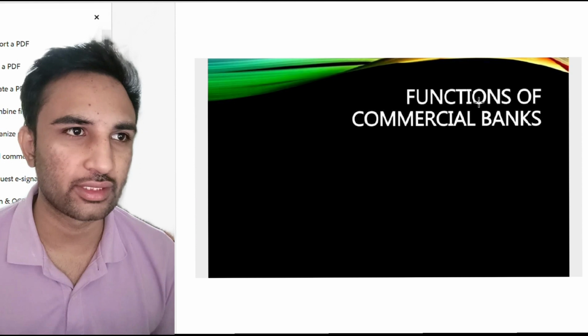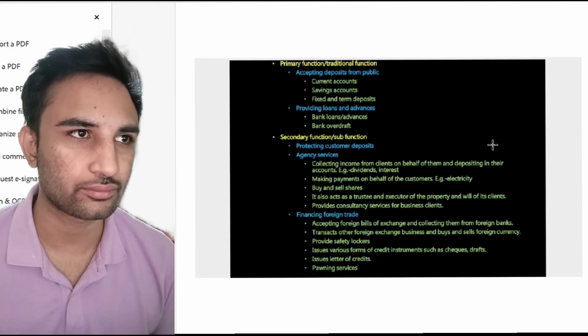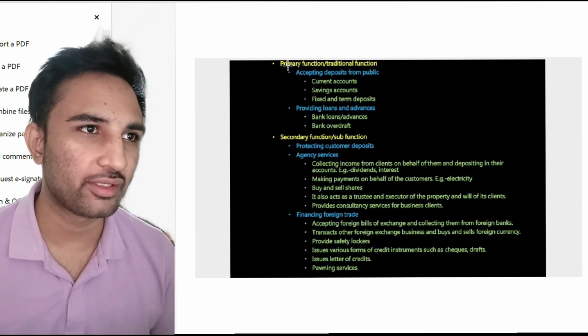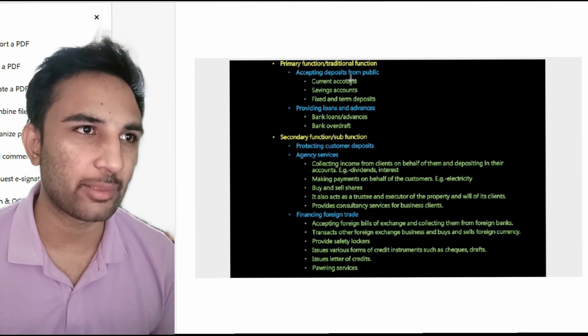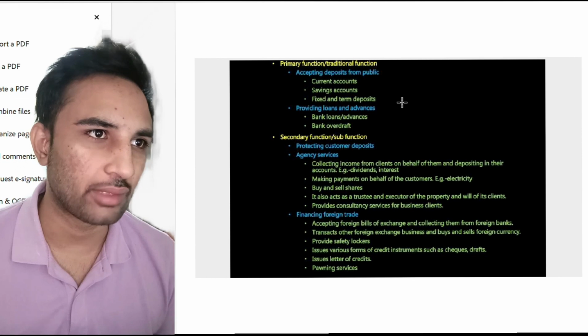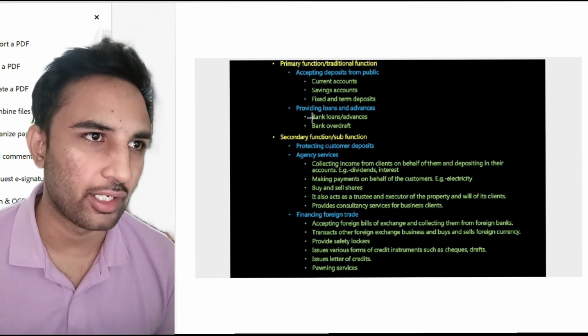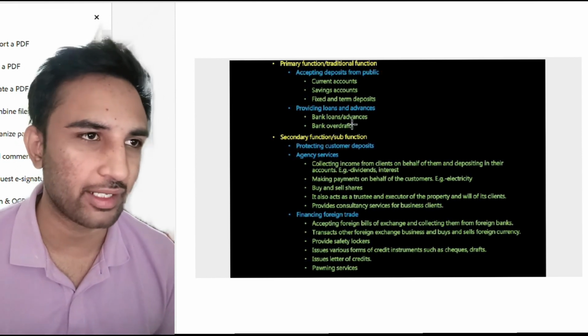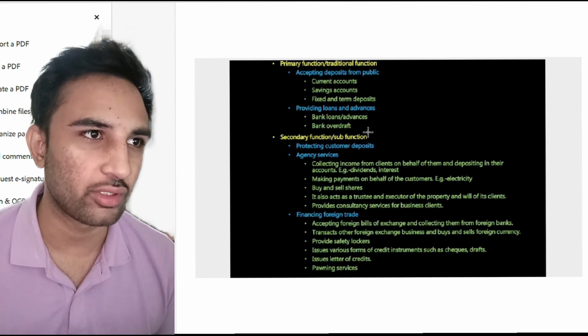So what are the functions of commercial banks? Primary function, or traditional function: accepting deposits from the public, current account, savings account, fixed and term deposit; providing loans and advances, that is bank loans and advances, bank overdraft.